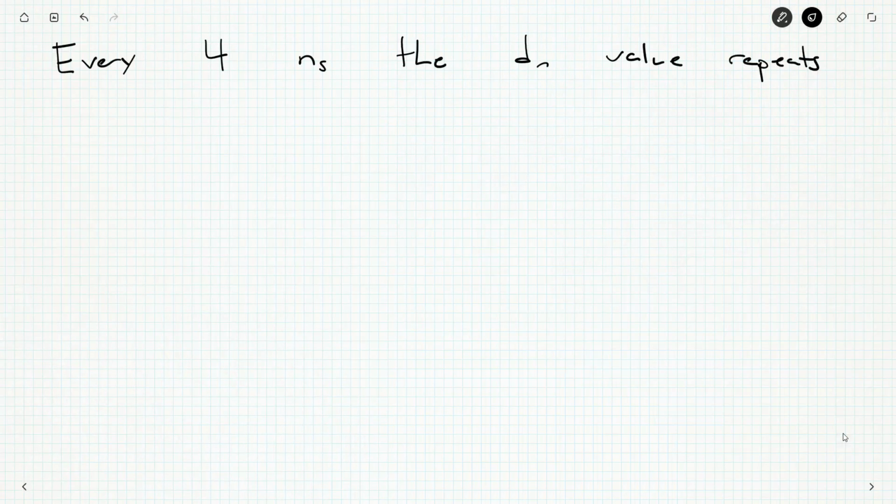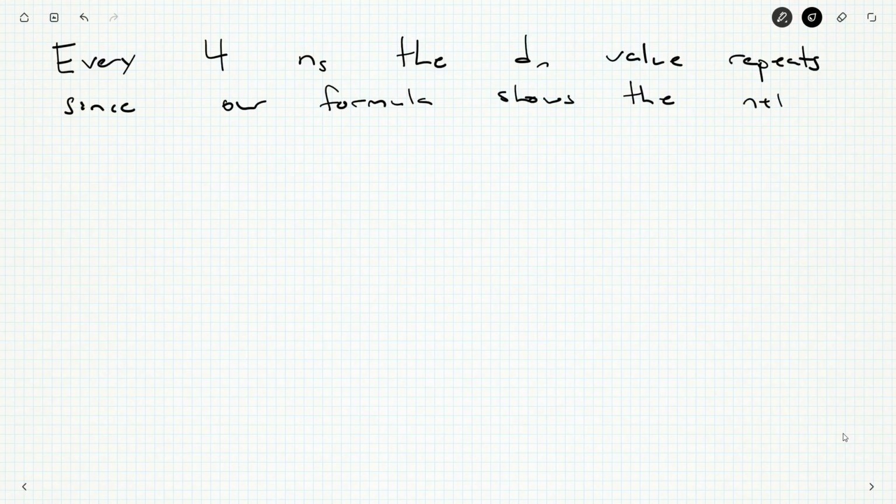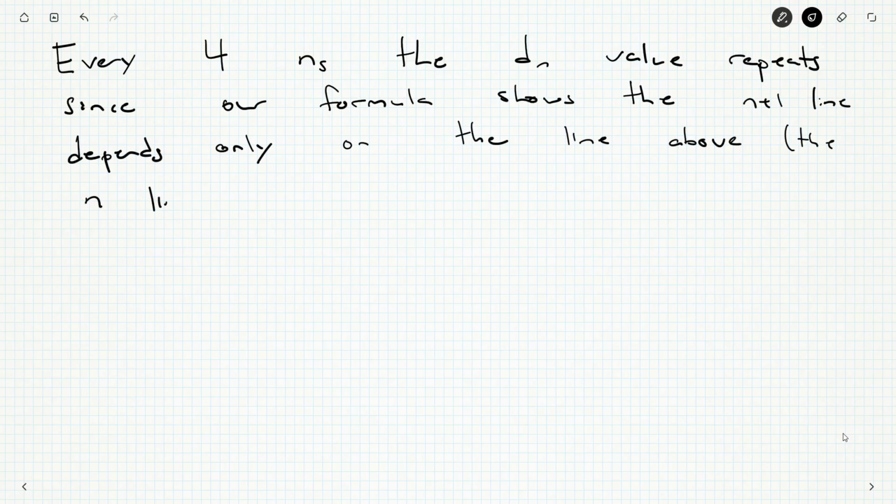Because of our chart, and you could say a little bit more, like it's a 5 and a 2, and we already had that. Or you could say, well, the next line is only determined by the line above it. So the formula shows the n plus 1 line depends only on the n line.